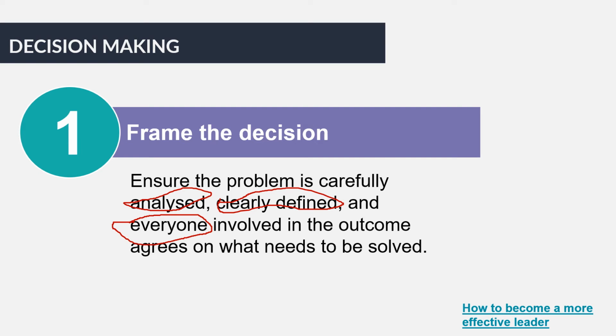And lastly, get everyone involved in the decision-making process. Whenever you're making a decision, you have to ensure that you involve all the key stakeholders who are going to either be affected by that decision, or will be interested in the outcomes of that decision.